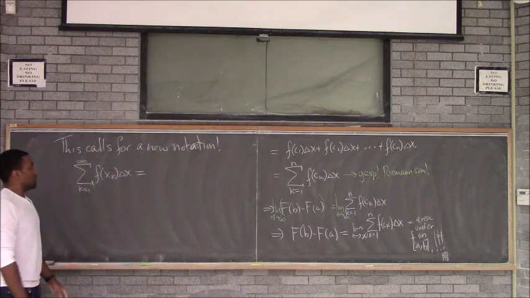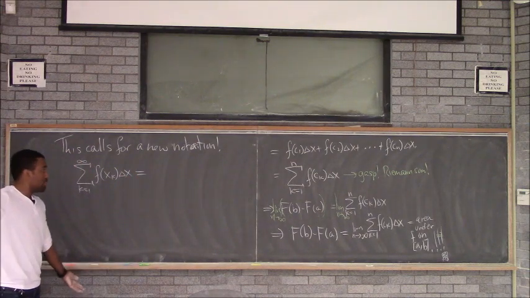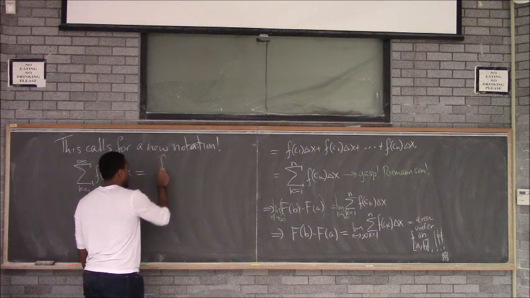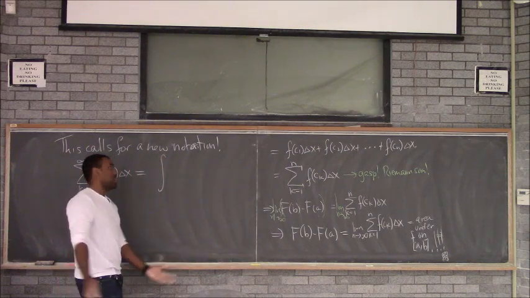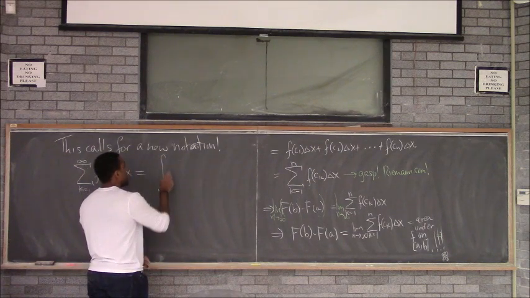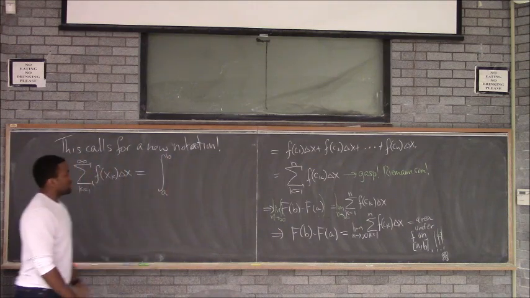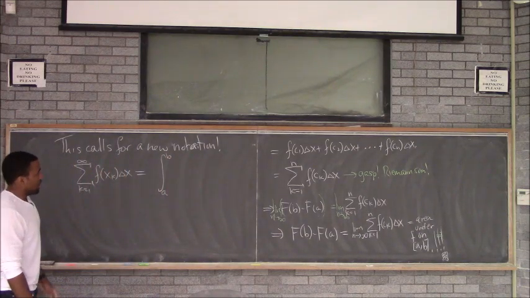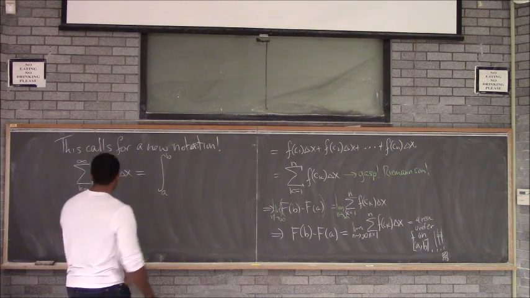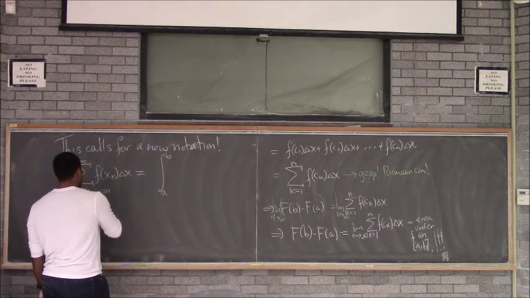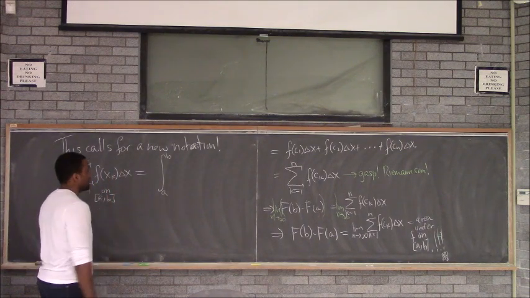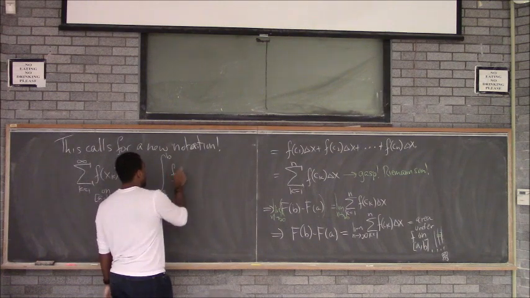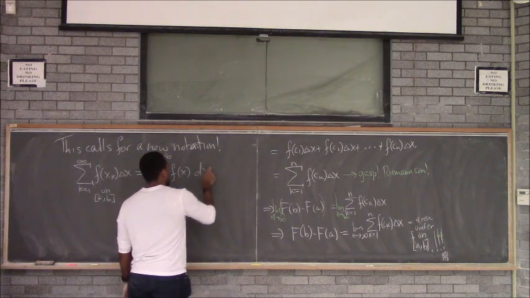It is now forever and always denoted as that elongated s, where we put the a and the b on the s. That shows the interval that we're considering. And then we write f of x dx.